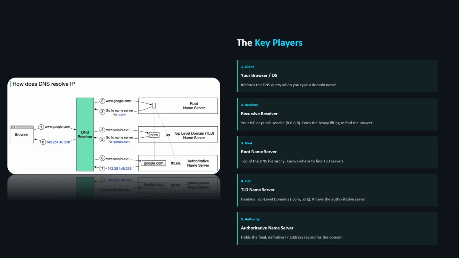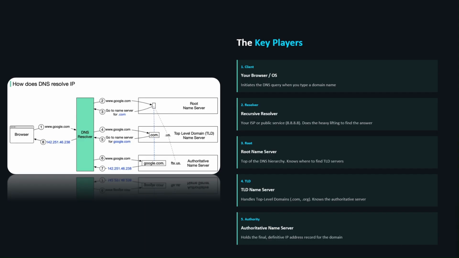Third, the root name server, the top of the hierarchy, which knows where to find the TLD servers. Fourth, the TLD name server, which handles the top level domains like .com or .org. And finally, the authoritative name server, which holds the final definitive IP address record for the domain you're looking for. These components work together in a precise iterative dance.